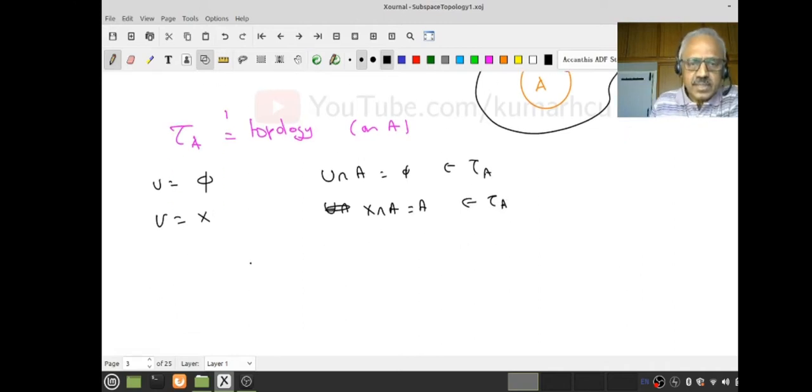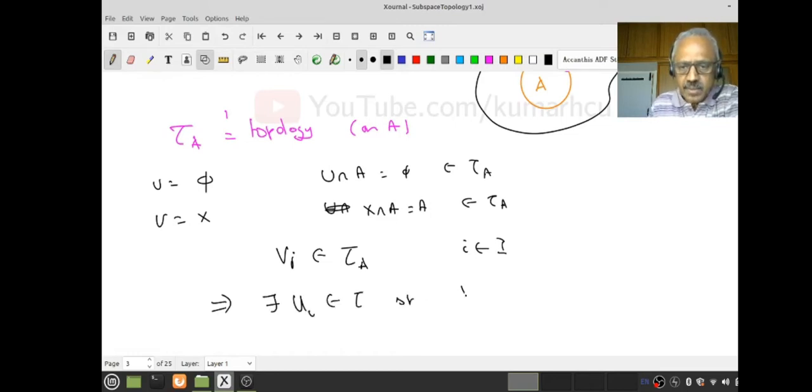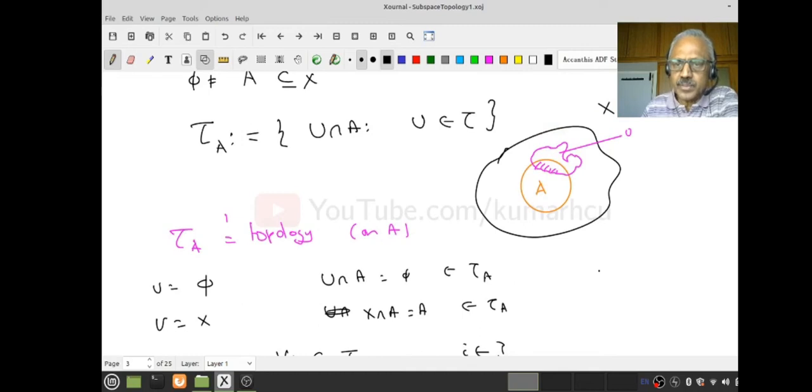And next, suppose I have a collection V_i in tau_A, i in I. So when V_i is in tau_A, what does it mean? That means there exists U_i in tau so that V_i is U_i intersection A. Notice that this U_i may not be unique.